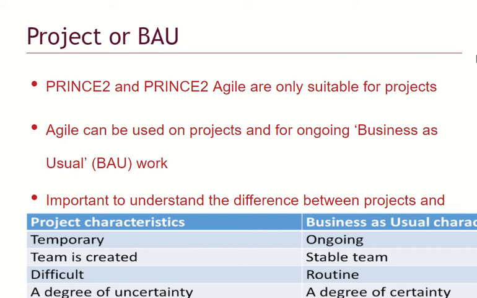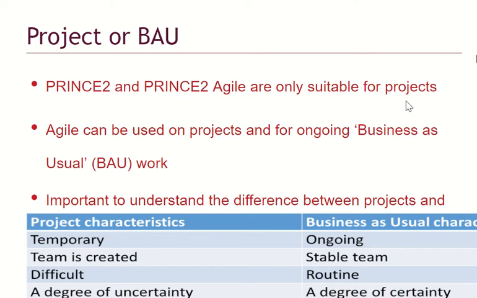All right. So when we talk about projects or BAU, what is BAU? Business as usual. Please take note of the difference. Business as usual. That is what they call BAU. What is a project and what is business as usual? As far as Prince2 is concerned, Prince2 and Prince2 Agile are only suitable for projects.